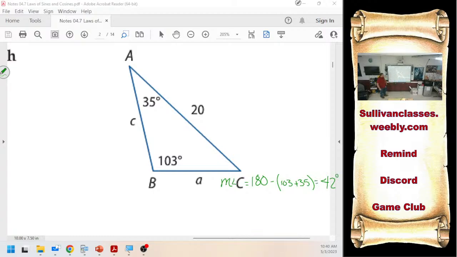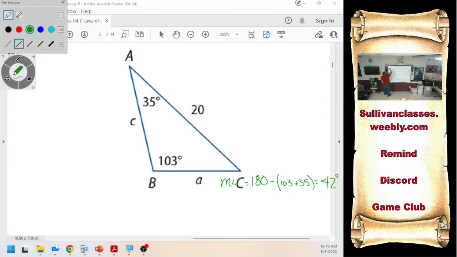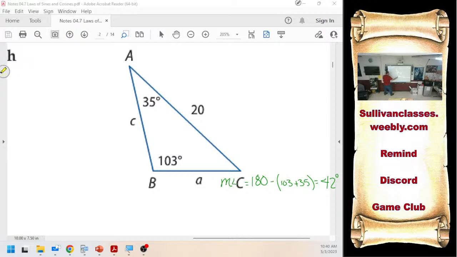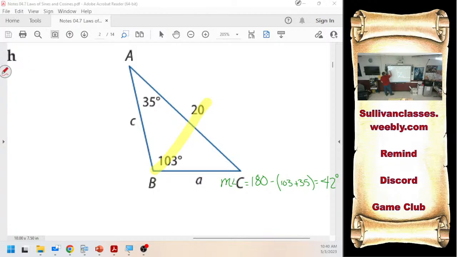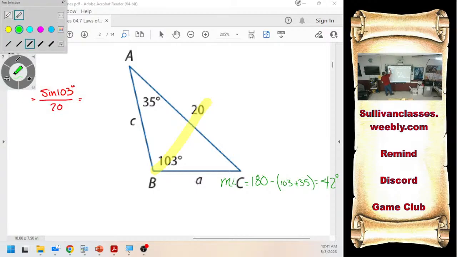Okay. The core behind this was to find my control pair. My control pair is going to be whatever angle and side is across from it. And I would start with that in the middle. And we'd say the sine of 103 over 20 is, we go find our other guys.